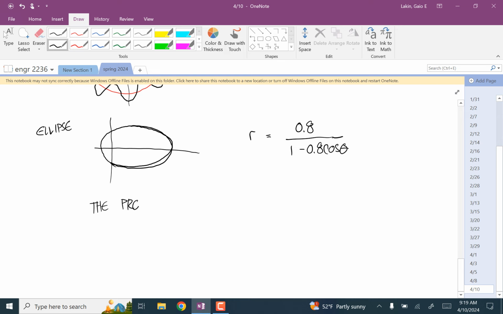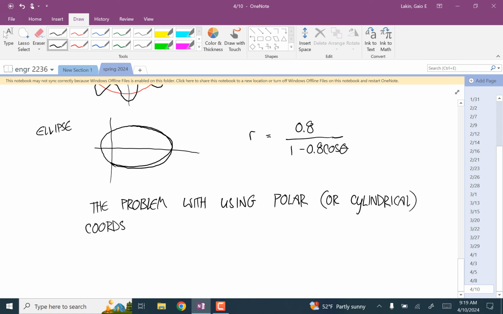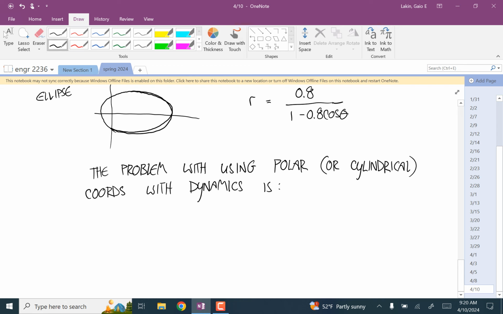The problem with using polar or cylindrical coordinates with dynamics is this. r, theta, those are the two coordinates, is not a vector.